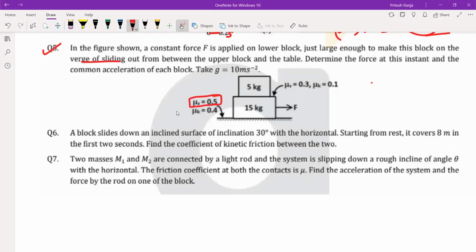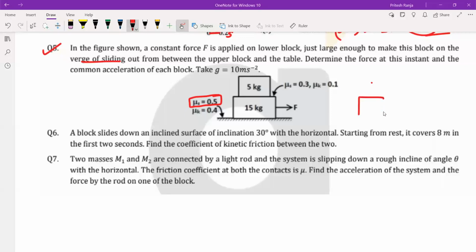When the situation is given like it is at the verge of sliding or it is not sliding, then you have to take static friction. So just observe the free body diagram.